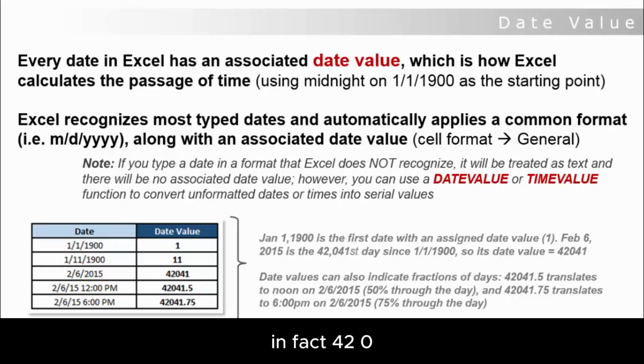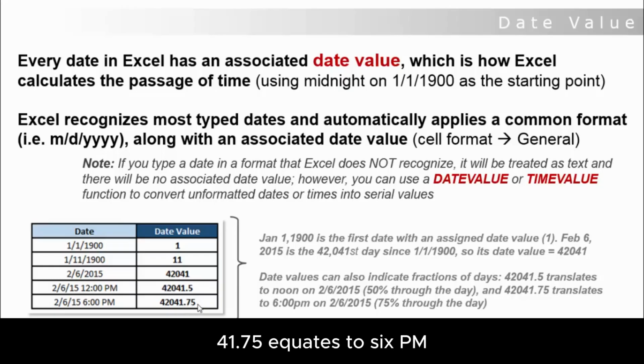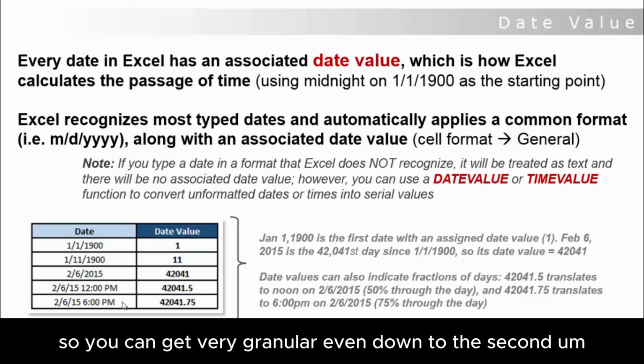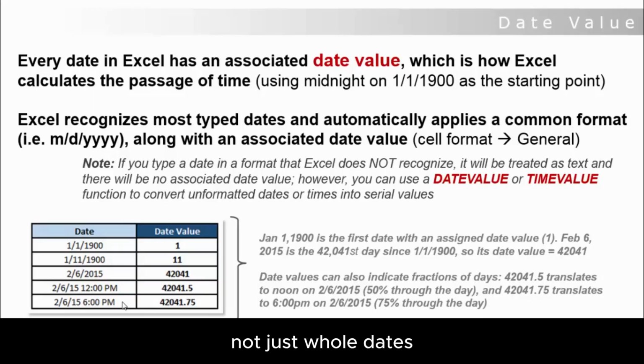In fact, 42,041.5 equates to noon on February 6th, whereas 42,041.75 equates to 6 p.m., which is 75% of the way through the day. So you can get very granular, even down to the second. And that's how you can start working with very particular times in Excel, not just whole dates.